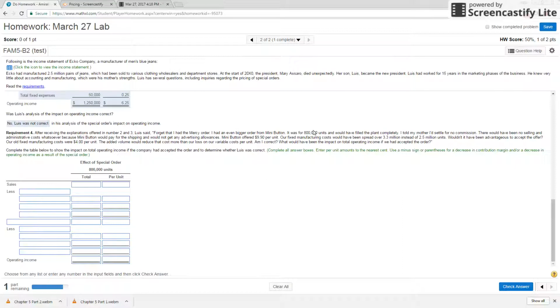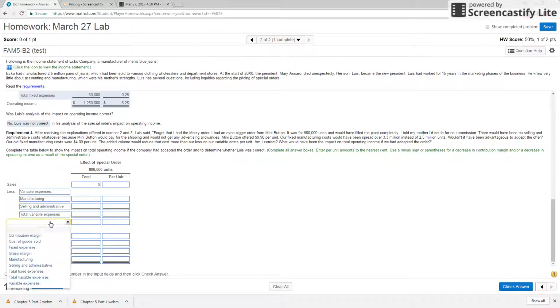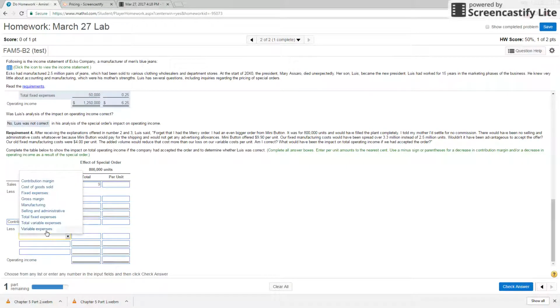For 800,000, they are willing to pay $9.90 each. So again, variable expenses: manufacturing, selling and administrative, total variable, and contribution margin. Then fixed expenses.